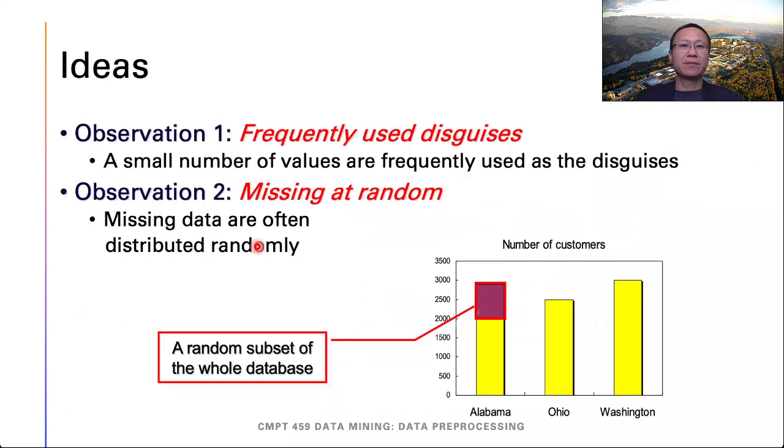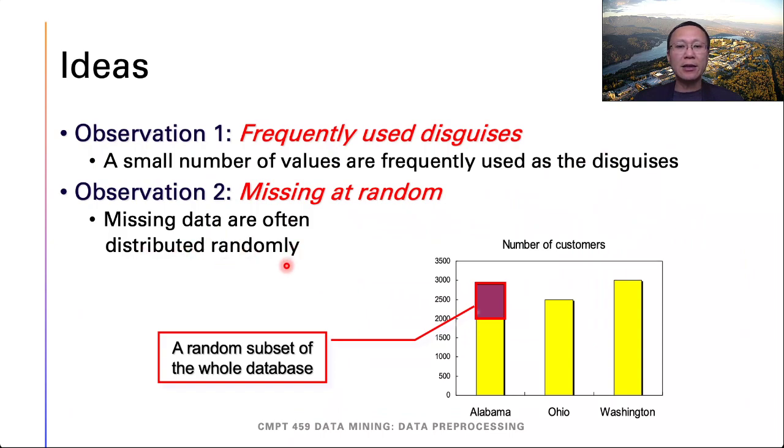How to do that? The major idea to combat disguised missing data is based on two observations. In the first observation, if we assume that there are some frequently used disguises in such missing data, then we will see a small number of values frequently used as the disguises. The second observation is that those data are missing at random, meaning the missing data are often distributed randomly.